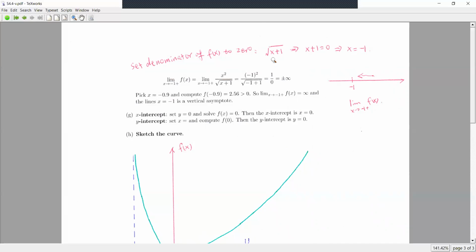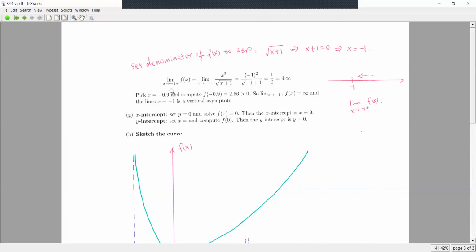Now I set the denominator of the function to 0. Square root of x plus 1 equals 0. Take the square on both sides, then I get x plus 1 equals 0, so I get -1. So at -1, the denominator is 0, and the function is likely to be infinity.